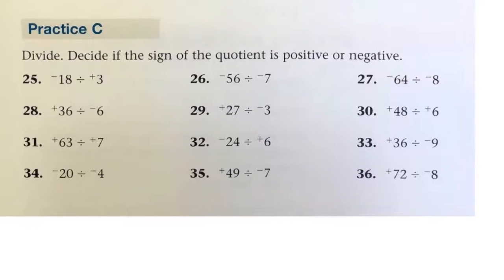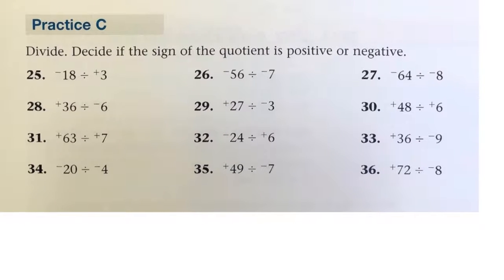Let's decide if the sign of the quotient is positive or negative by looking at the signs of the dividend and the divisor. So we have the dividend with the highlighter. Negative and positive are different, so the answer will be negative.